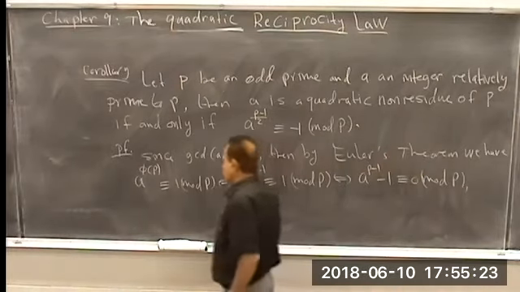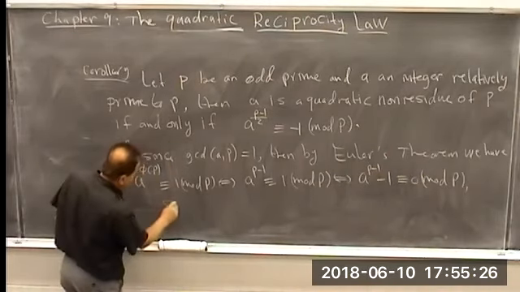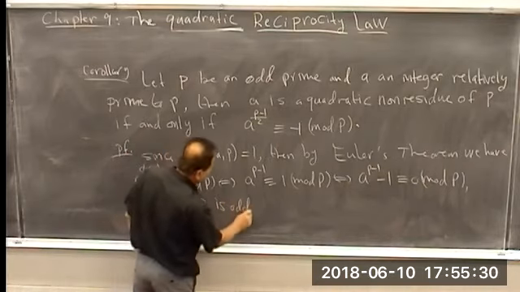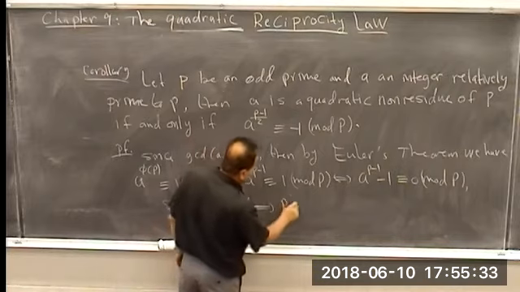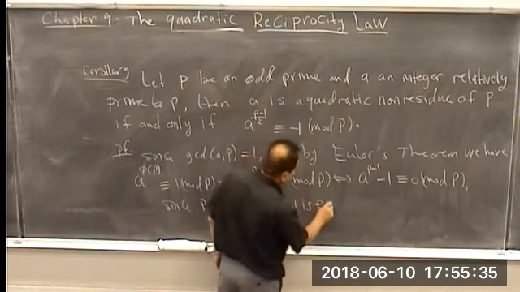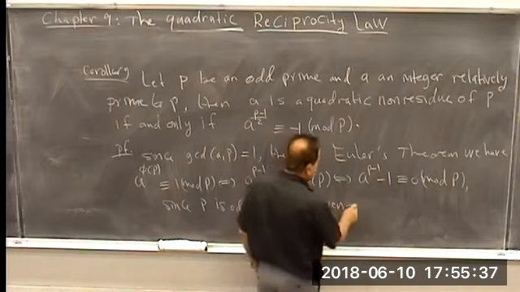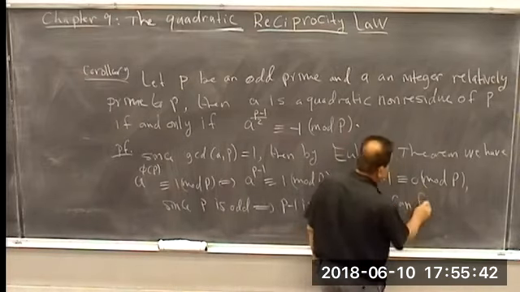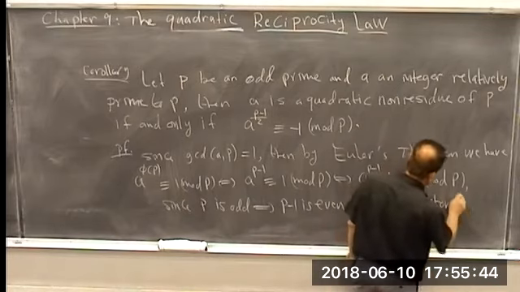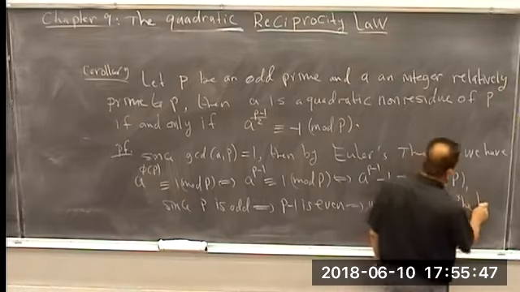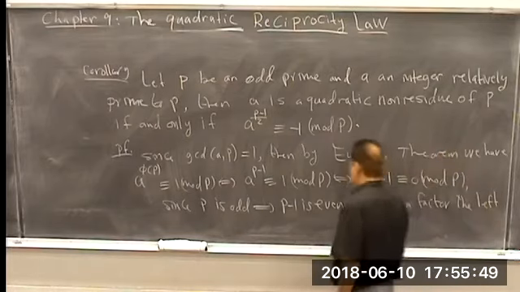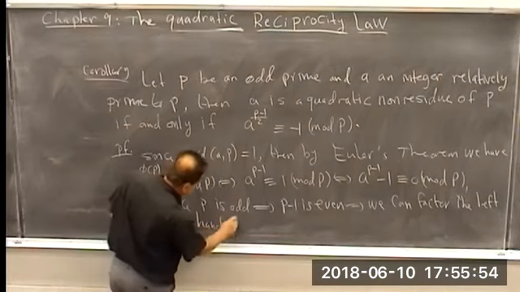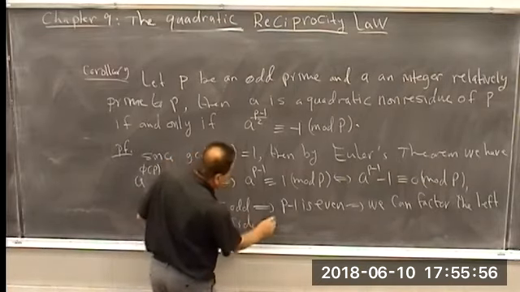Now, since P is odd, this implies P minus 1 is even, and this implies we can factor the left-hand side of the last congruence.